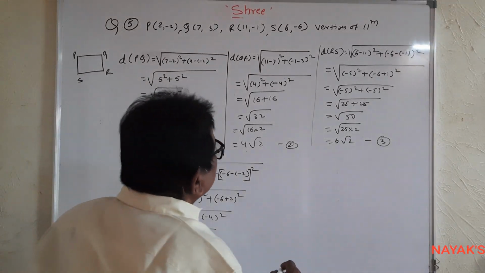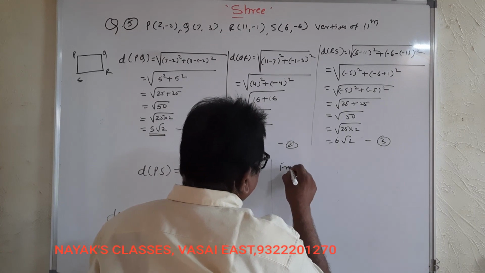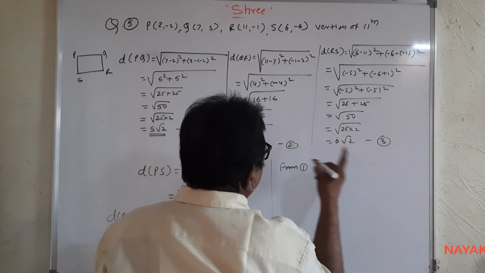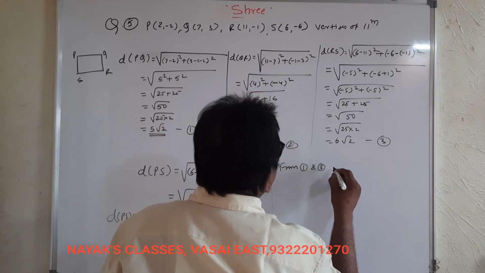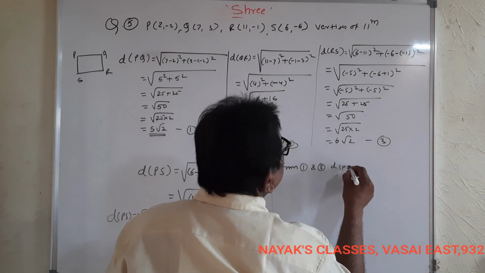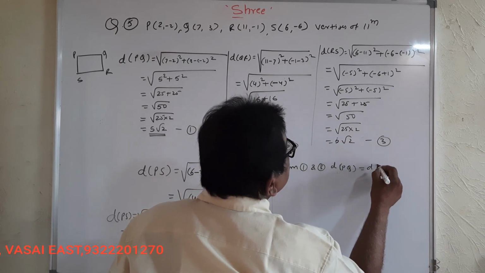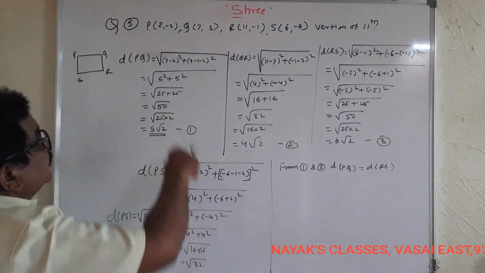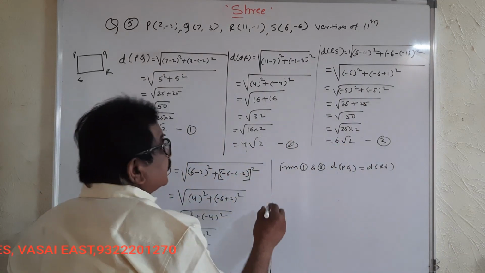So from 1, 2, 3, 4: from 1 and 3, distance PQ is equal to distance RS.